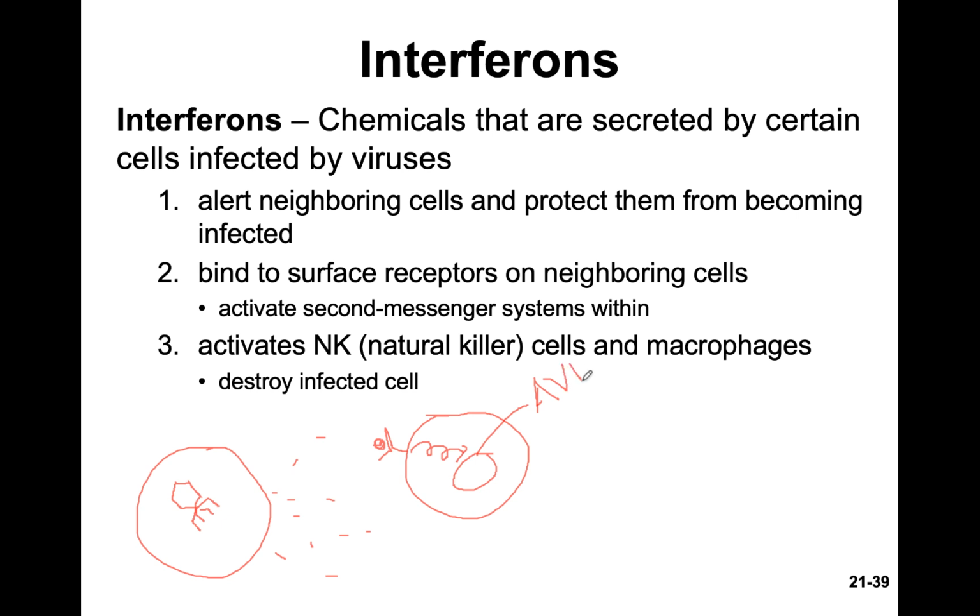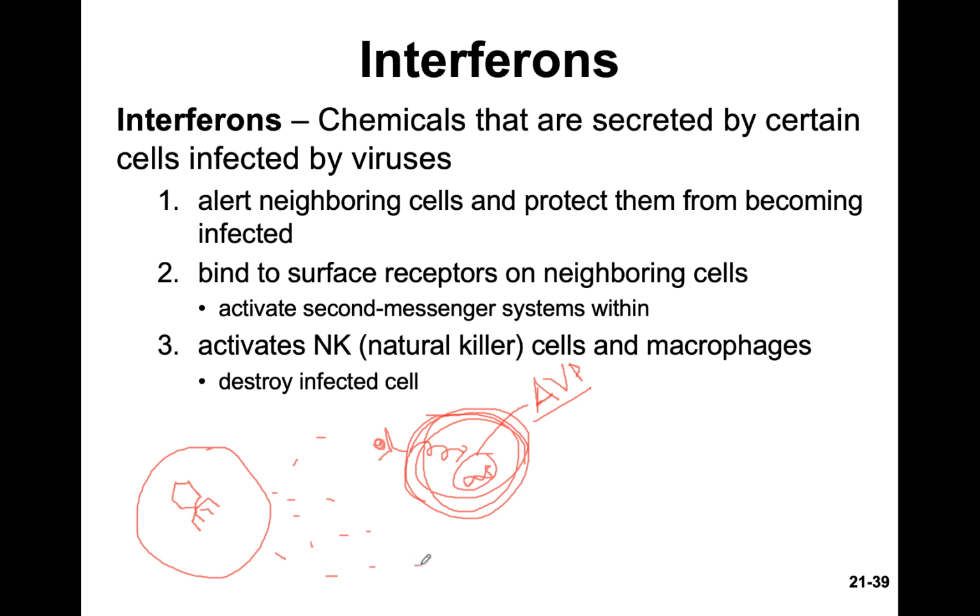Now, I didn't put that on this PowerPoint, but I know a lot of you always ask me lots of questions on the extra details because it brings everything full circle, which is wonderful. So when the interferon binds to the receptor, it sends an internal second messenger signal, and the nucleus is signaled to create antiviral proteins. And these antiviral proteins essentially protect this cell from getting infected from viruses.